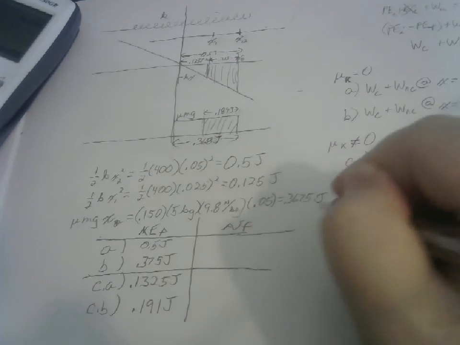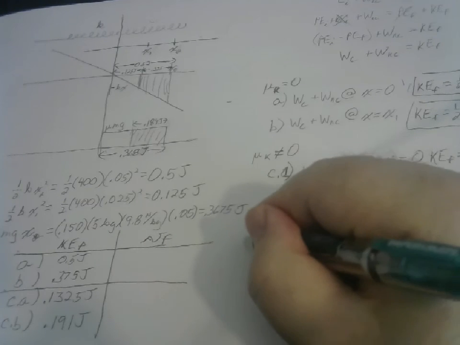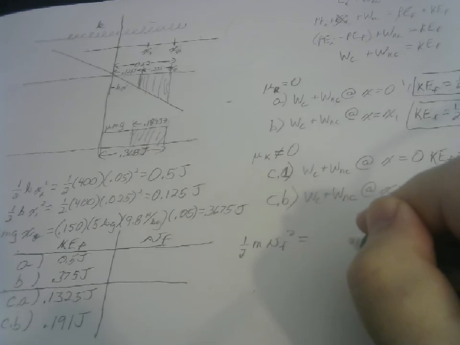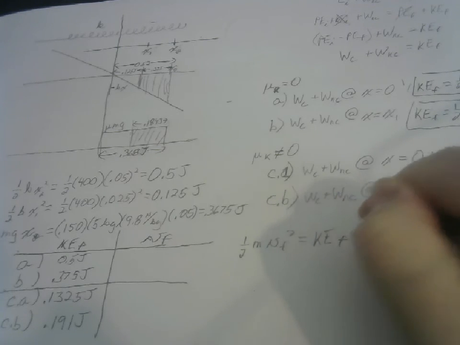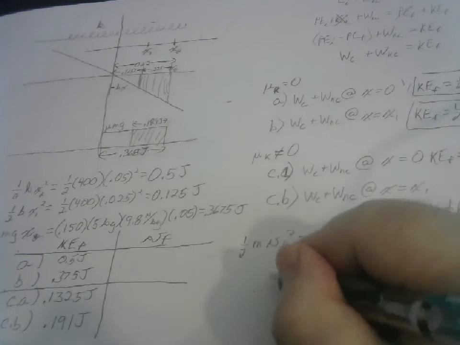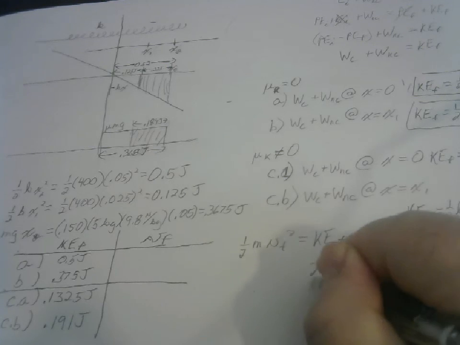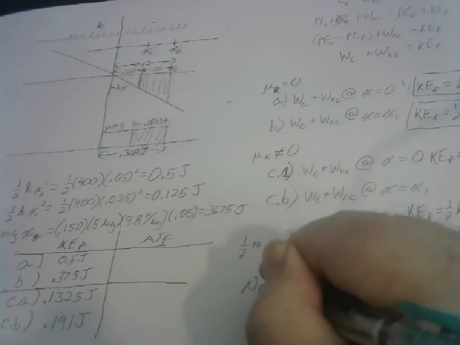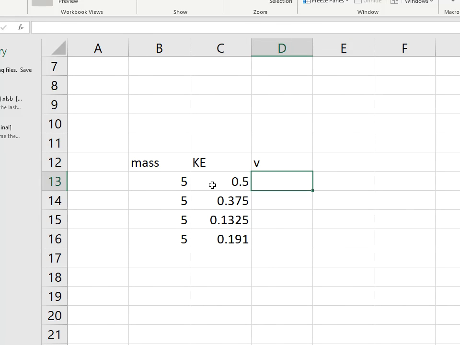For the final velocity, we are going to use the equation 1/2 m v final squared equals kinetic energy final, which will be v final equals the square root of 2 times kinetic energy final divided by the mass. Okay, so we have the final kinetic energy in each case, and we have the mass.